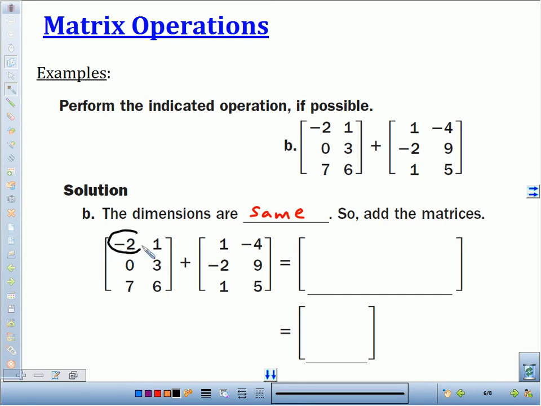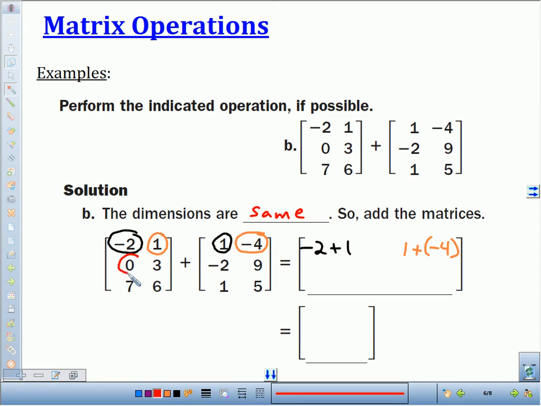So I'm going to add -2 and 1, -2 plus 1. I'm going to add 1 and -4, 1 plus -4.